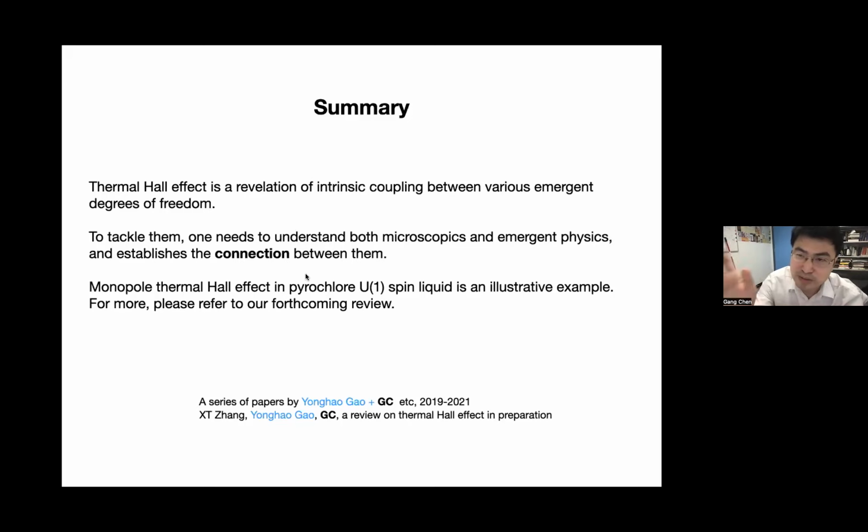The physical apparatus like a magnetic field is applied to physical degrees of freedom, but we want to see the effect on the internal degrees of freedom. So we need to establish the connection between the physical and the emergent degrees of freedom, right? The monopole thermal Hall effect in pyrochlore U(1) spin liquids is an illustrative example of such understanding.